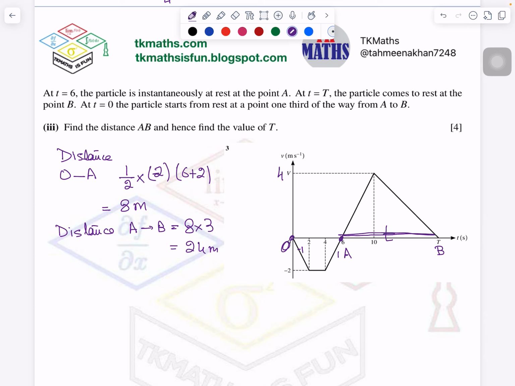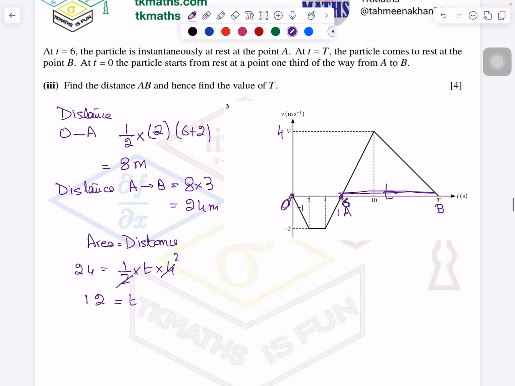So I can say the distance or the area is equal to half into t into 4, and that is equal to 24. So you will get 12. So this whole thing is 12 because it was 6. So 6 plus 12 will be what? So you can say capital T is equal to 6 plus 12, which is 18 seconds.